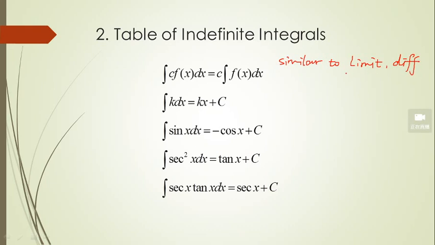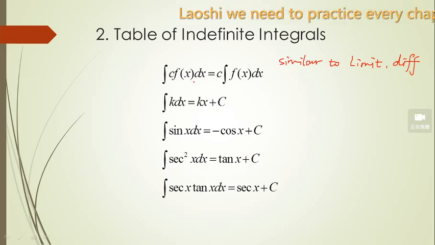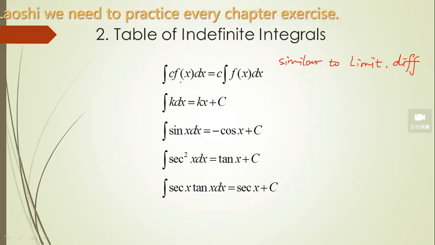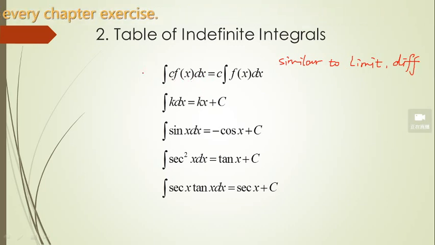If you take the limit of c times f(x), you can move the c outside of the limit sign. Or if you take a derivative of c times f(x), you can move the constant c outside of the differentiation sign. So it's the same for the indefinite integral here. You can move the constant c outside. Then you find the antiderivative for f(x) first.